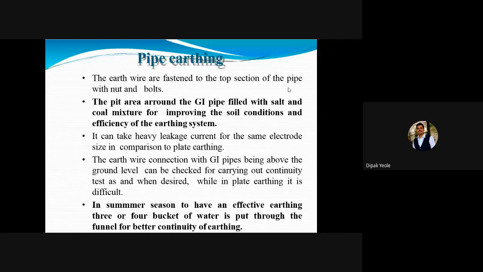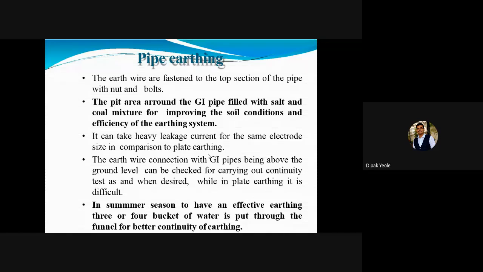So these are the best materials which maintain the condition of the soil, and also increase the efficiency of the earthing system. It can take heavy leakage current for the same electrode size in comparison to plate earthing.